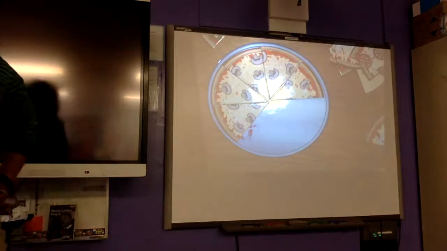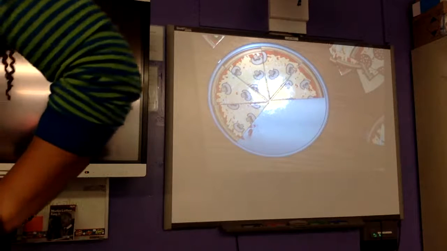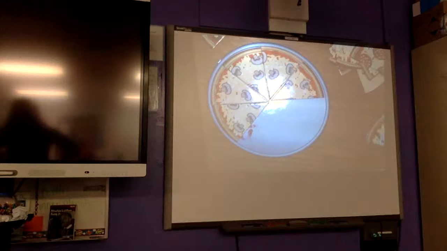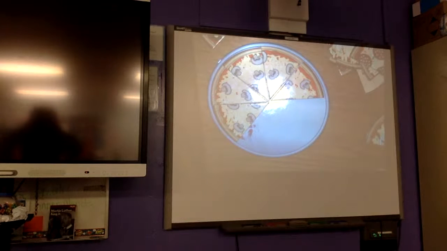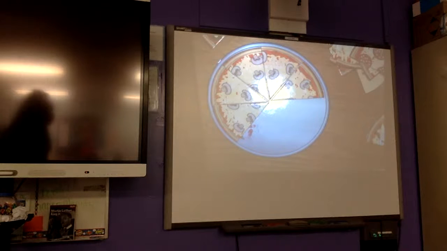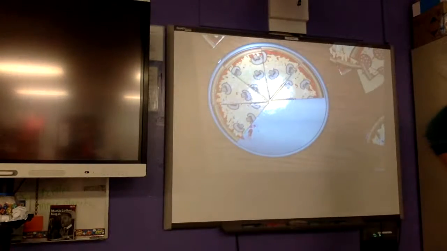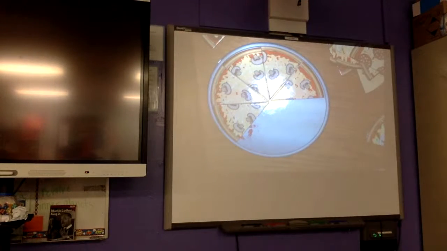If Charlie eats 3/8 and Tiana eats 2 more slices, what fraction of the pizza is left? Model it and then write it. So 3/8 and 2/8. What fraction is left? So you needed to take away 3/8 and 2/8, 2 more slices.